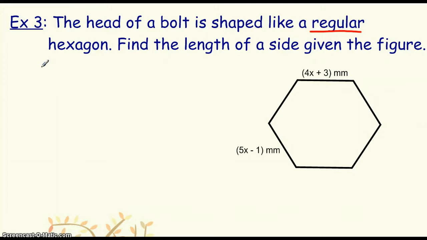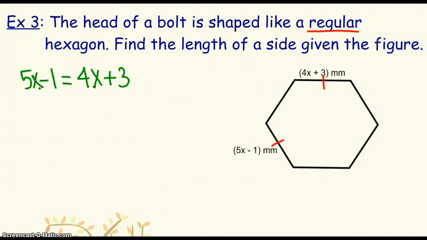One side is 4x plus 3, and the other side is 5x minus 1. Since this is a regular figure, these two sides are congruent to each other, and that tells us how we're going to set up our equation to solve. We can set 5x minus 1 millimeters equal to 4x plus 3 millimeters and solve for x.